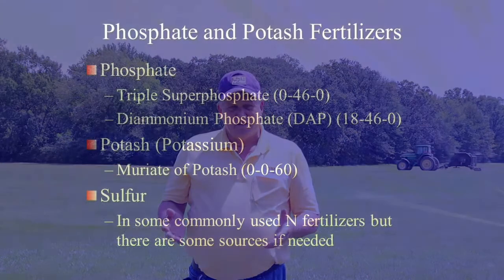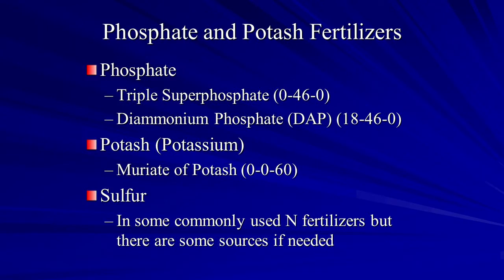Let me talk about the fertilizers in particular here. You have triple superphosphate or diammonium phosphate if you're looking for a phosphate fertilizer. Both of those fertilizers have 46% phosphate in there, meaning for every 100 pounds you'll get 46 pounds of phosphate.